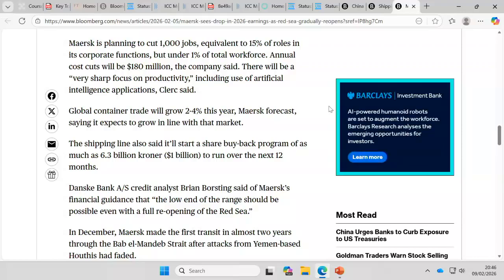AI is useful from the standpoint of big data analytics around predictivity, but it's also very useful from the standpoint of maximizing packing across all of these different containers.